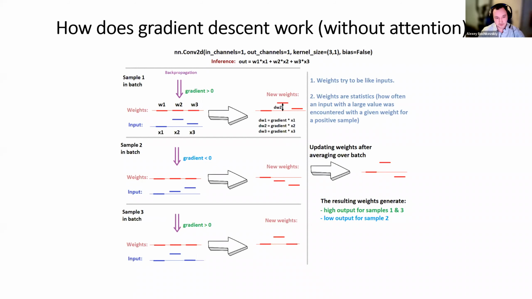After averaging across samples in the batch, we have some averaged weights. And the resultant weights generate a high positive output for positive samples 1 and 3, and a low positive or negative value for negative sample 2. This is what we want.